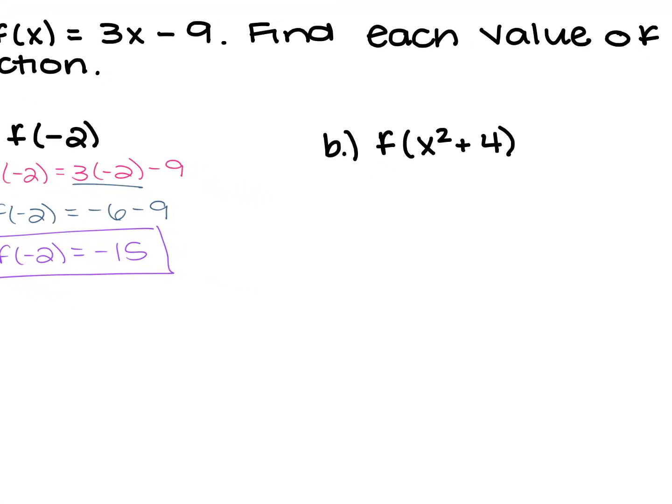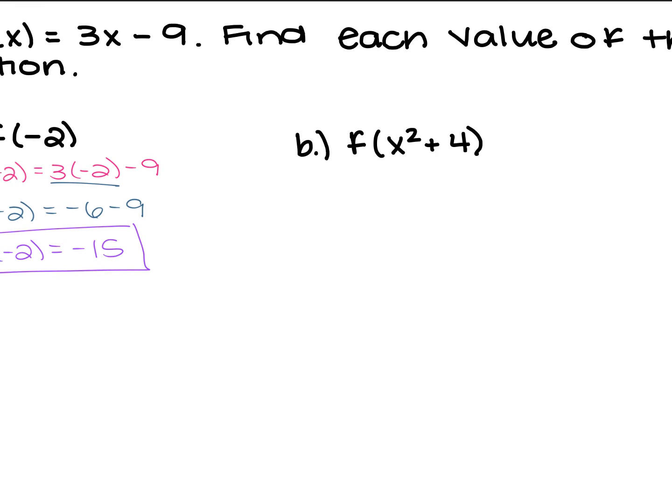For B, we have f of x squared plus 4. So that means that we're going to take the x squared plus 4 and plug it in for x in the 3x minus 9. So it's going to give us 3 times x squared plus 4 minus 9. First, we're going to distribute that 3 into the parentheses.